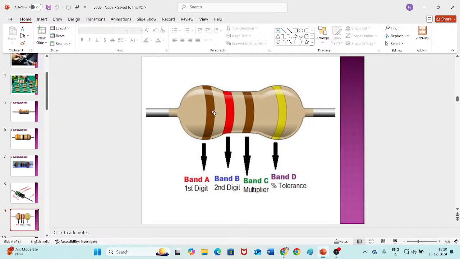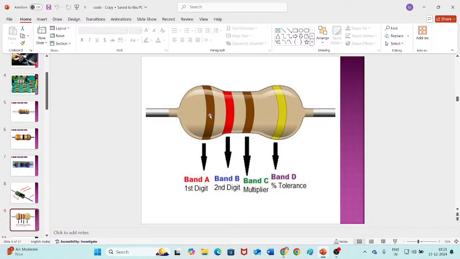Now let us consider the most common type of color coded resistor, that is the 4-band color coded resistor.